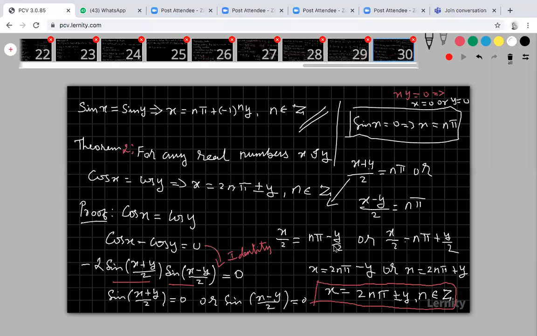But on the left hand side x by 2 is there, so multiply all the terms by 2. Here also multiply all the terms by 2. We are getting this. So combining these two, here 2n pi minus y is there, here 2n pi plus y is there. Write it as 2n pi plus or minus y. That is the general solution. Are you okay?